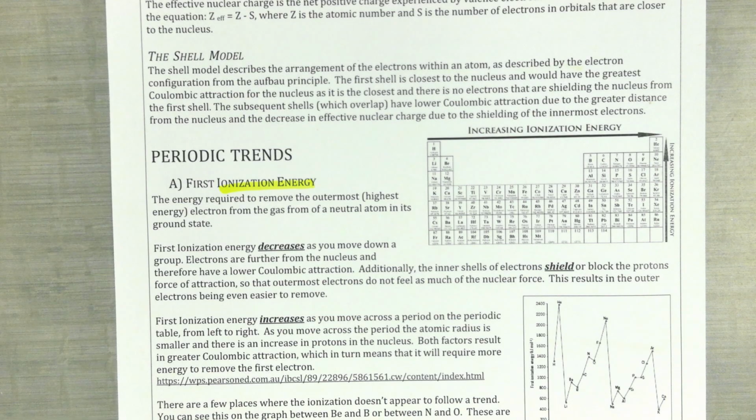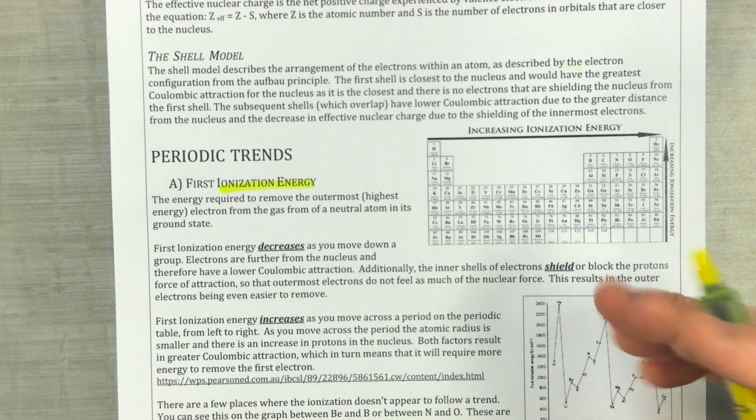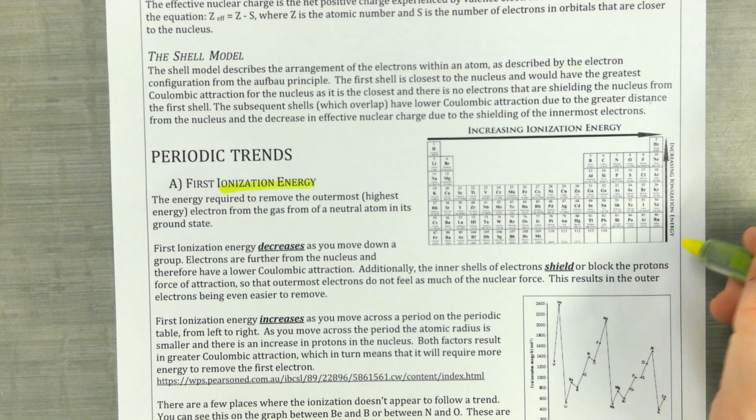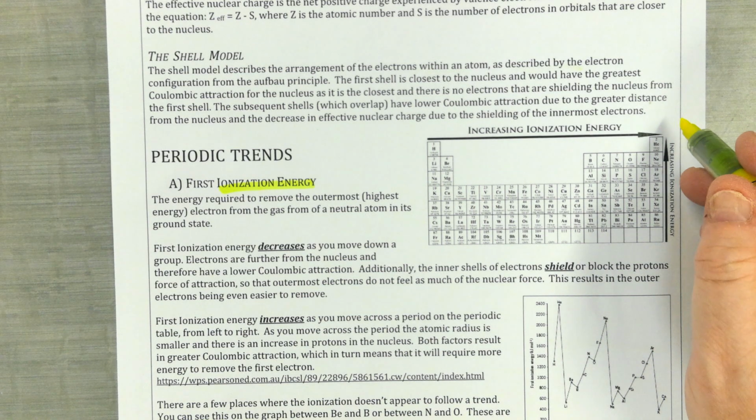But what ionization energy does tell us is that from left to right, ionization energy will increase, which means it takes more and more energy to strip off electrons, and it increases from bottom to top.